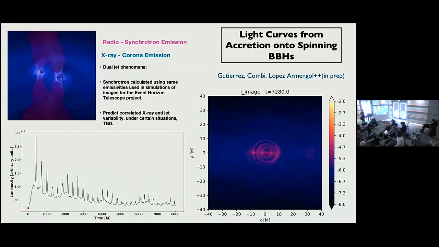Well, this is the X-ray emission. And the upper left hand is synchrotron, which is maybe what EHT would see. And that's a spinning case.